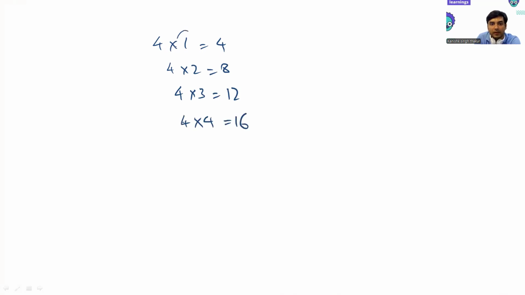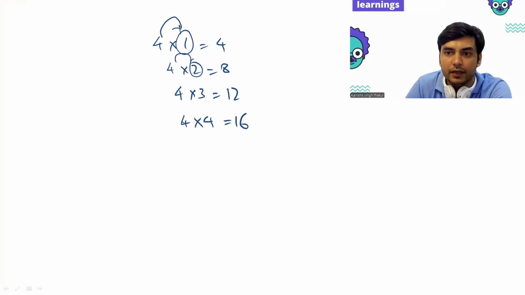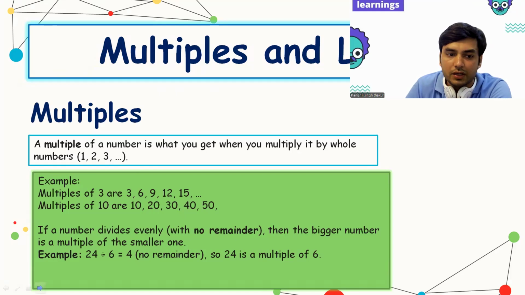So you are multiplying this number by a whole number, and these are what multiples actually are. Nothing else.